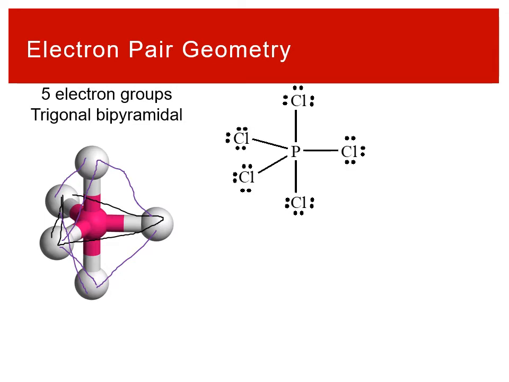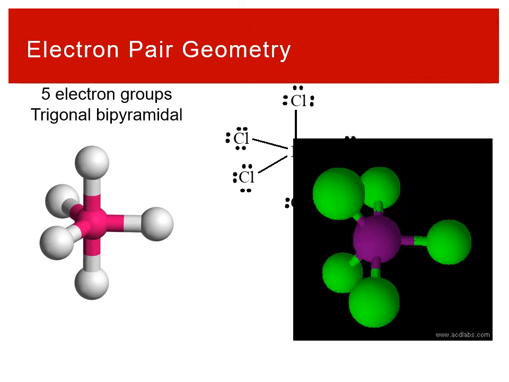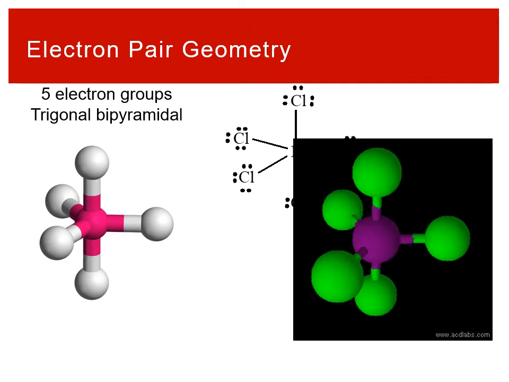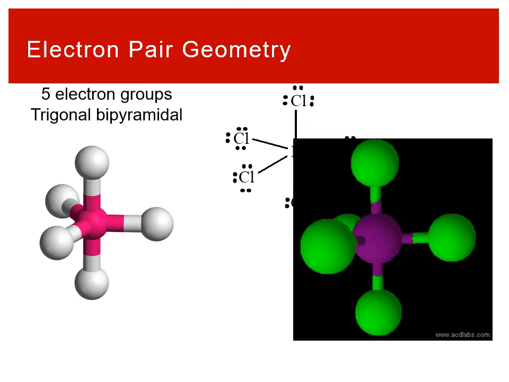So PCl5 is a trigonal bipyramidal molecule. It has a nice arrangement. If you have 5 things and they need to spread out, this is what they look like. This gives you a 3-dimensional representation. You can see that the 2 parts that are going out to the pyramid are sticking up in opposite directions. They're in a straight line.